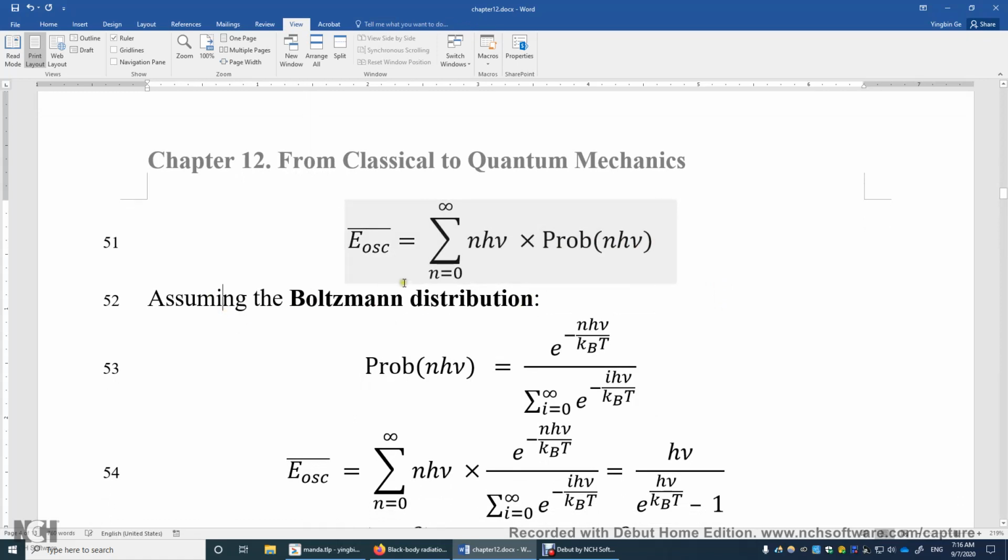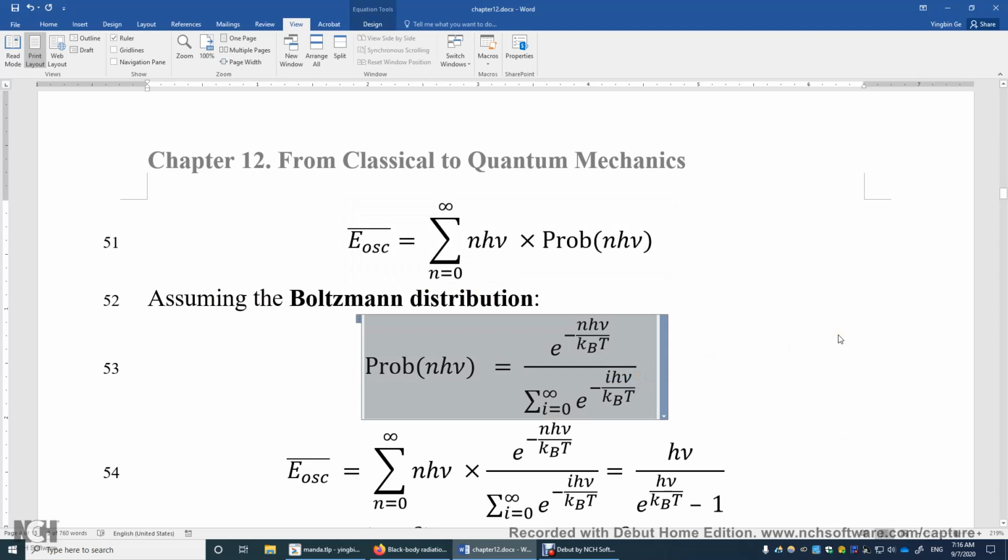Now let's assume the Boltzmann distribution. This is the so-called Boltzmann distribution. We will prove this in statistical thermodynamics by looking at the entropy. The Boltzmann distribution allows us to maximize the entropy of the system isolated from its surroundings.